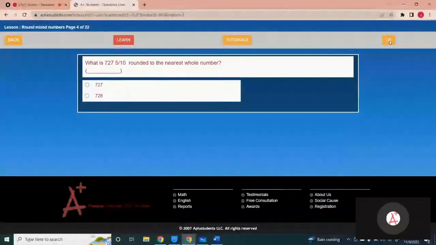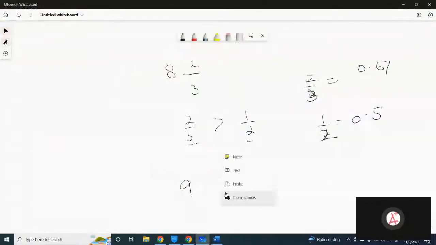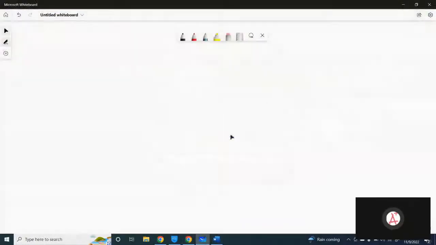Okay, the next one is, what is 727 whole 5 by 10 rounded off to the nearest whole number? It would be 728 because 5 by 10 is equivalent to 1 over 2.